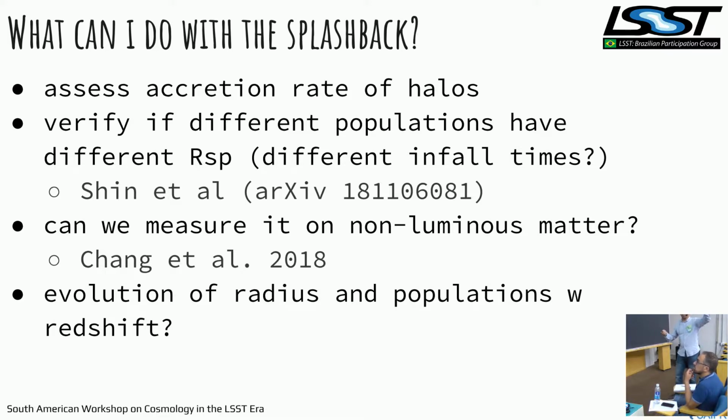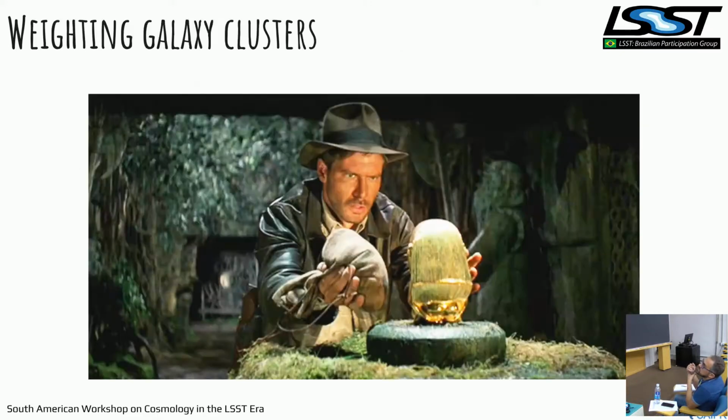If you measure the density profiles of galaxies and see if there is a splashback there. And of course, with a proper, deep sample, you can try to see if there is an evolution of this radius, or of the population, with redshift. Okay, so this splashback radius is really in the news lately, right?